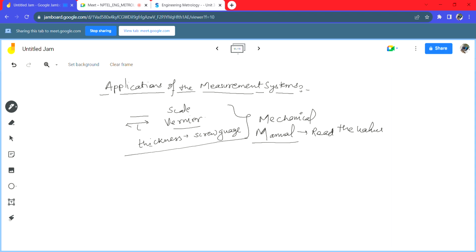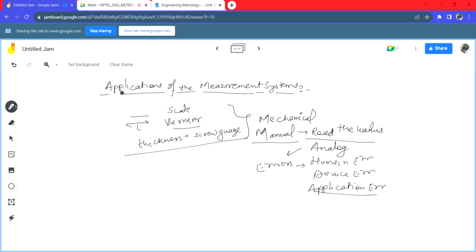It was mostly analog readouts, and there were always errors: human error, device error, application error, and so on.